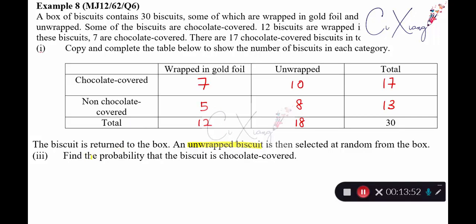Now they want you to find the probability that the unwrapped biscuit is chocolate covered. So again, this is a conditional probability question. When you write out the symbol, you should have a stroke here. What is the event that happened first? Unwrapped, so you write unwrapped. What is the probability they want you to find out? Chocolate covered, so you write chocolate covered.